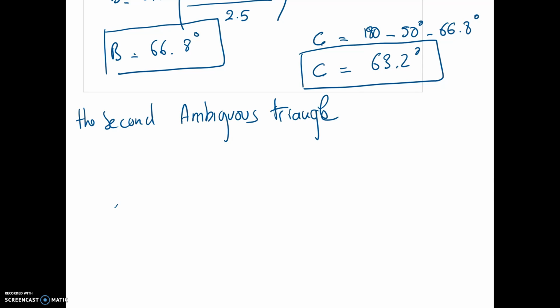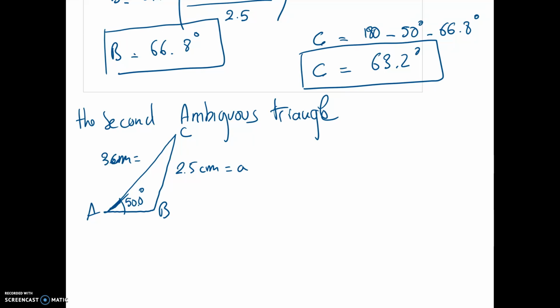We have something like this, where we still have 50.0 degrees right there. A, B, C, with a equal 2.5 centimeters, b equal 3 centimeters, and c I don't know.